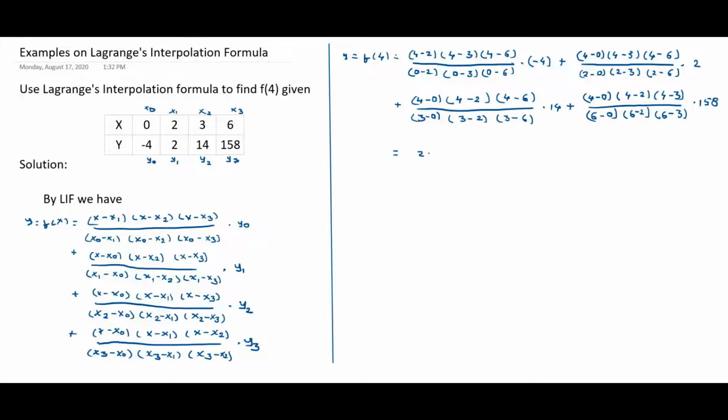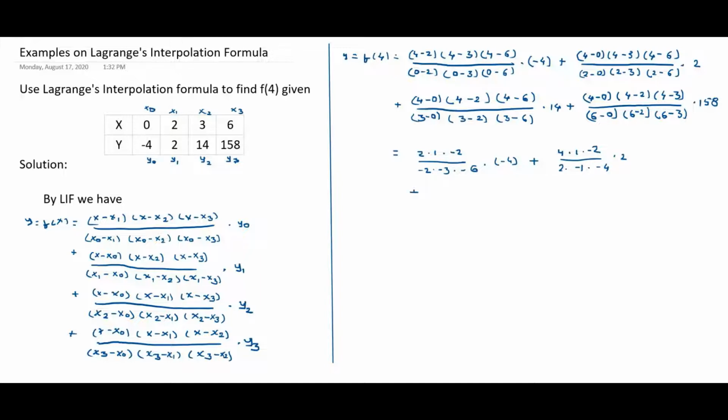Then 4 minus 3 is 1 and 4 minus 6 is minus 2, divided by 0 minus 2 is minus 2, 0 minus 3 is minus 3 and 0 minus 6 is minus 6, into minus 4, plus 4 minus 0 is 4, 4 minus 3 is 1 and 4 minus 6 is minus 2, divided by 2 minus 0 is 2, 2 minus 3 is minus 1, into 2 minus 6 is minus 4, into 2.